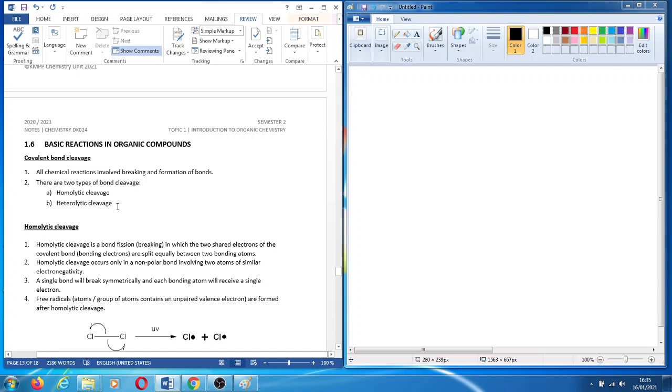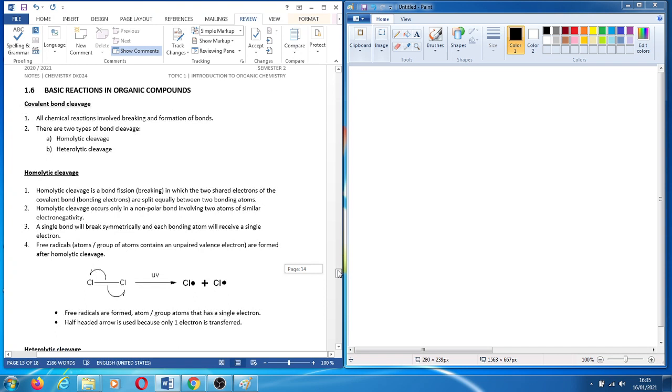What is the difference between homo and hetero? The first one, homolytic cleavage, means a bond fission. Bond fission is breaking the bond, in which the two shared electrons of the covalent bond are split equally between two bonding atoms. Example here, Cl and Cl.